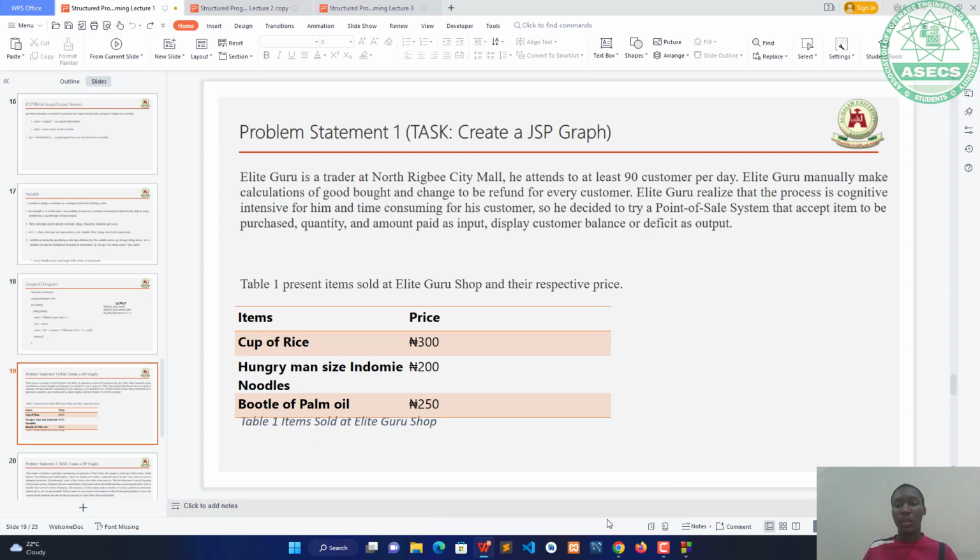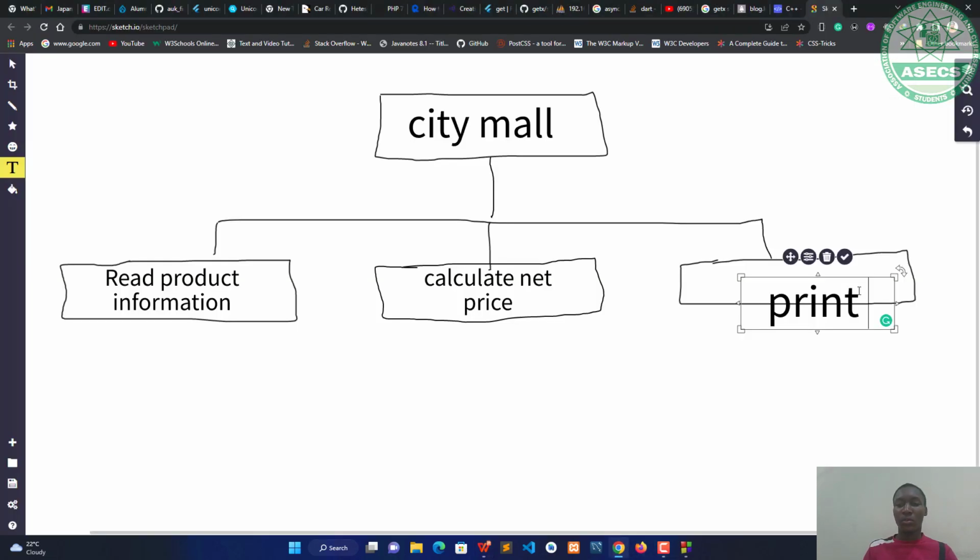Okay. So we should just leave this as well. Okay. Print total, print net price. Yeah, print the net price.